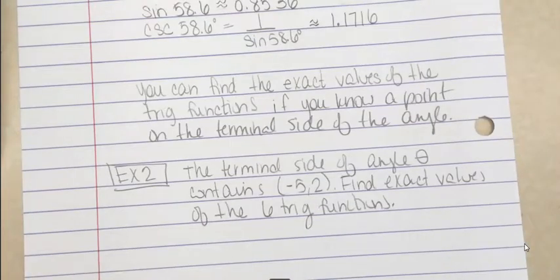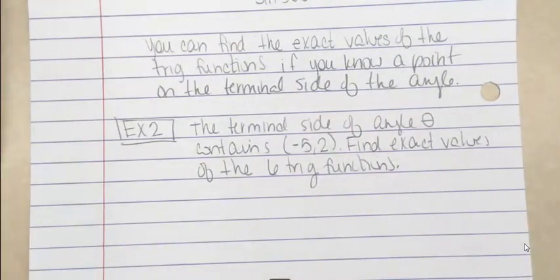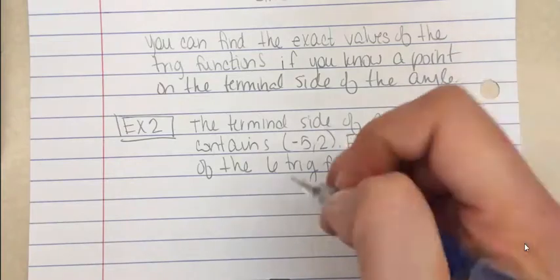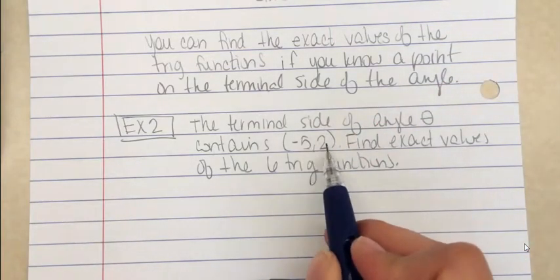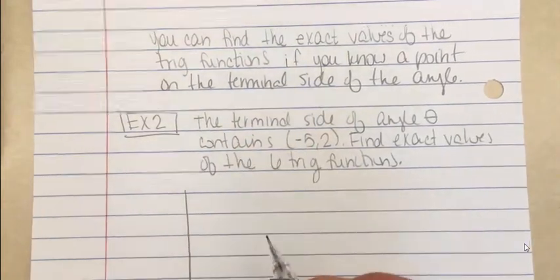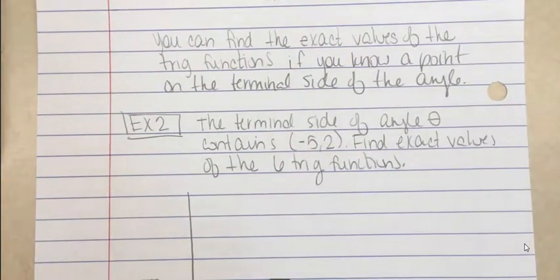Oops, sorry, I was off the page there. So the first thing you want to do is you want to sketch this angle in standard position. Okay, so if I'm talking about -5, 2, then I know I'm over here somewhere.